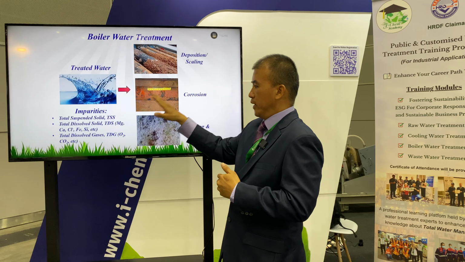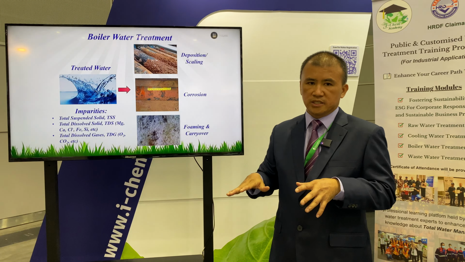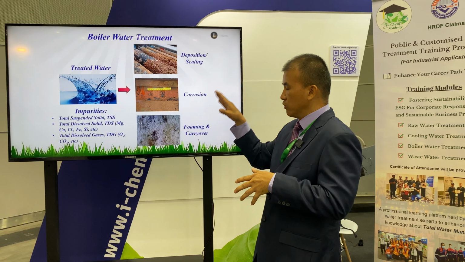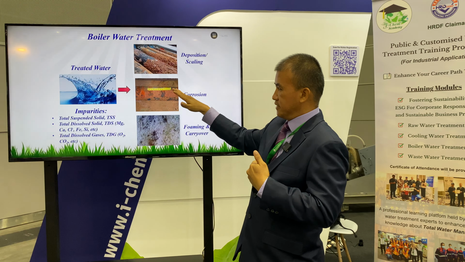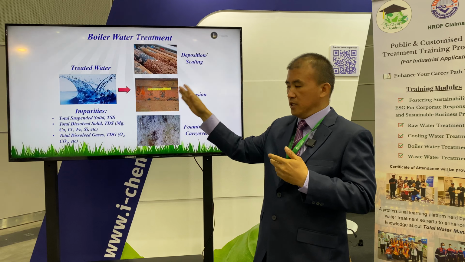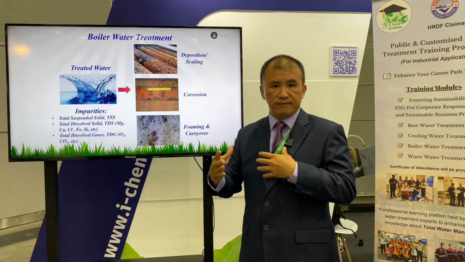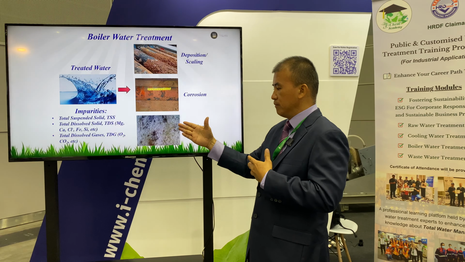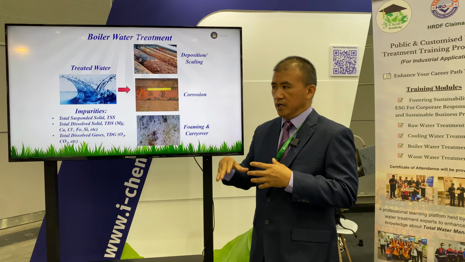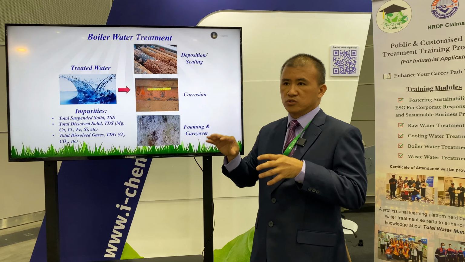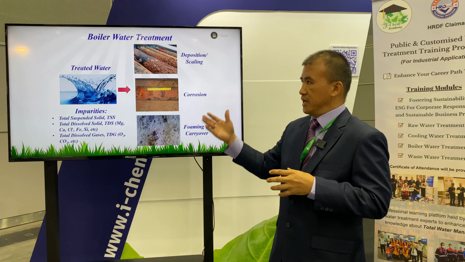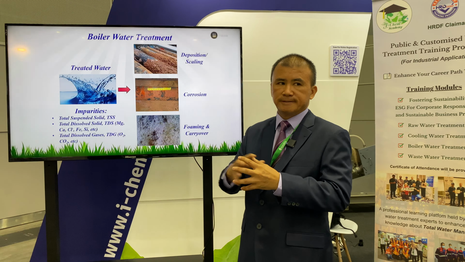Besides that, if dissolved gas in the water is not treated properly, it will cause pitting in the boiler tube. This is an example of pitting corrosion. Finally, when the chemicals are not treated well, it will cause foaming and carryover as well. That's why boiler water treatment is very important, and we need to know the fundamentals before we apply it.